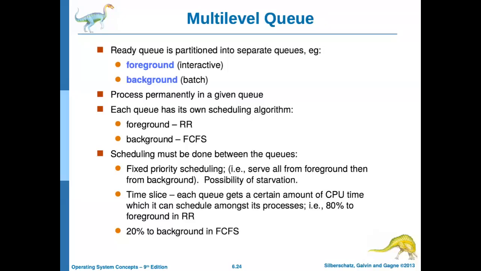Now this is multi-level queue. Now in modern operating systems, applications are not categorized in any single category.